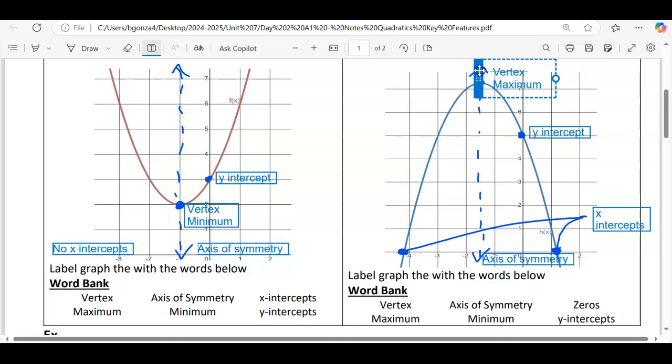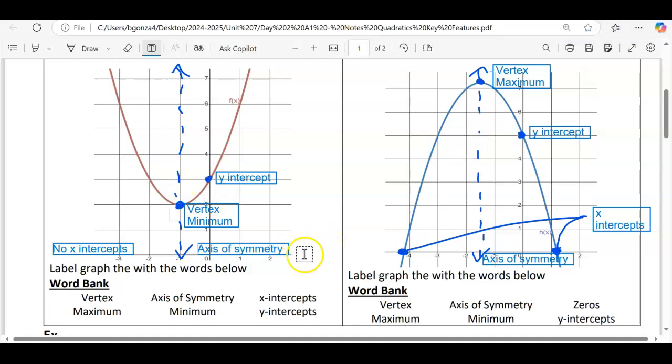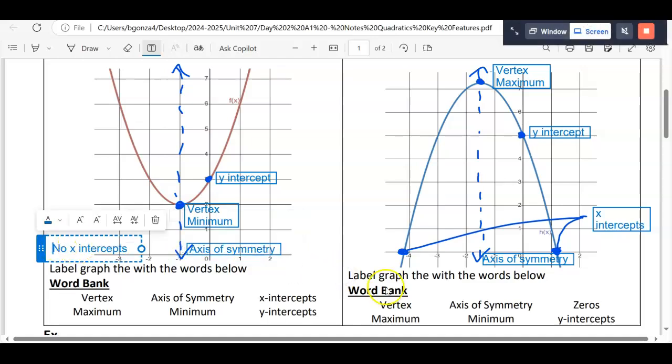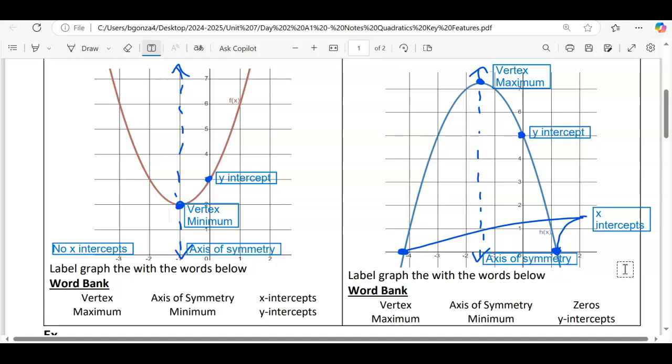So max is at the top, min is at the bottom. Cool. That's all the things that you need to be able to label.